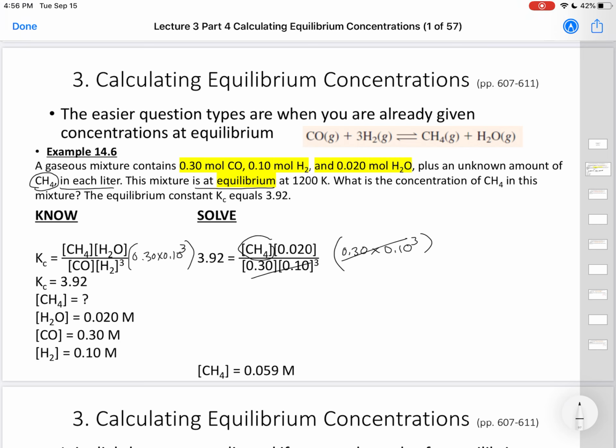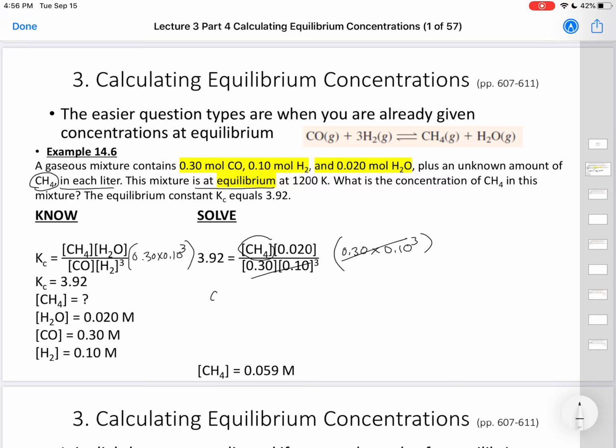That cancels out the denominator, and then we're going to get 0.3 times 0.1 to the third, and then we're going to multiply it by 3.92.